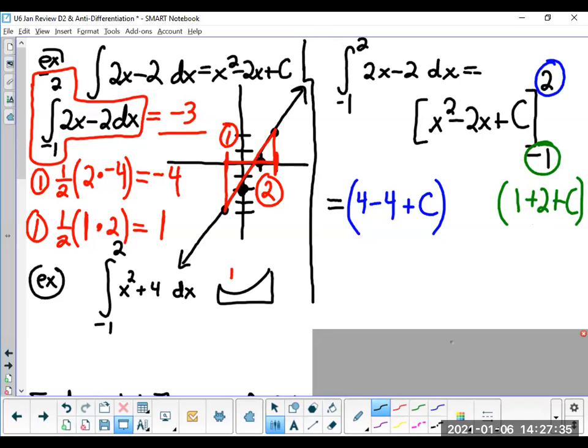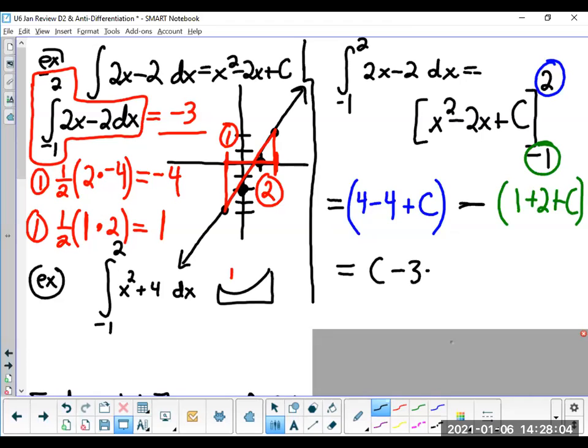And then I subtract those. Again, we're doing the fundamental theorem of calculus. It says, evaluate an antiderivative of 2x minus 2 at 2. Did that here. 4 minus 4 plus c. At -1, did that here in green. 1 plus 2 plus c. Then subtract those values. Okay? So what do we get? We get 4 minus 4 is 0, plus c is c. 1 plus 2 is 3.